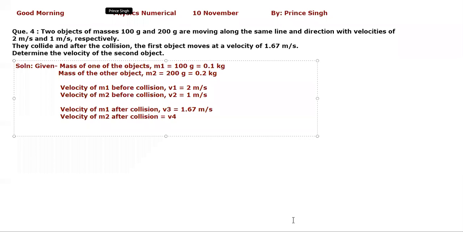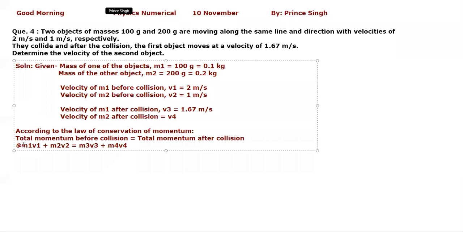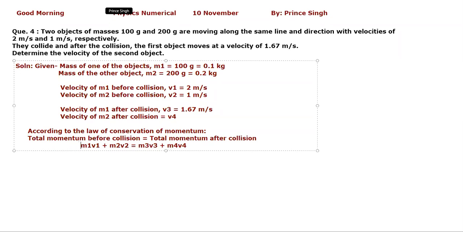After this, according to the law of conservation of momentum, the concept of solving the numerical is total momentum before collision will be equal to total momentum after collision, and the formula we have is m1v1 plus m2v2.